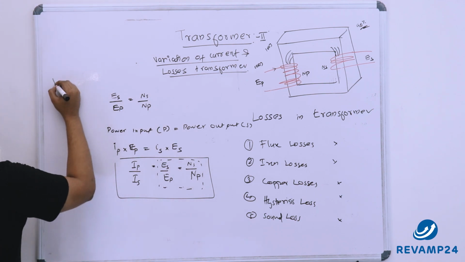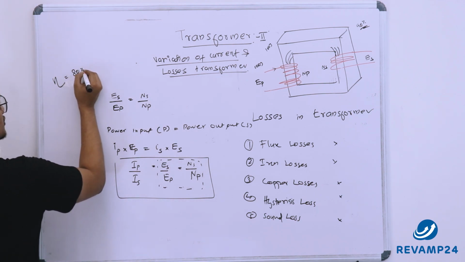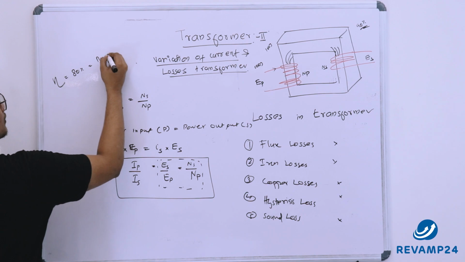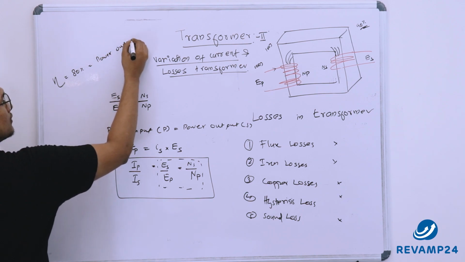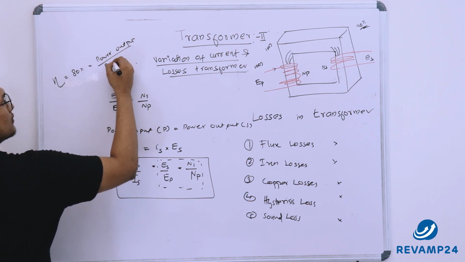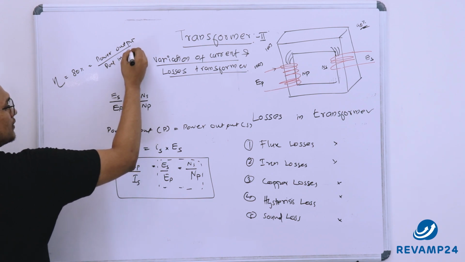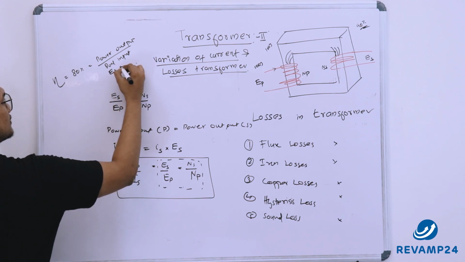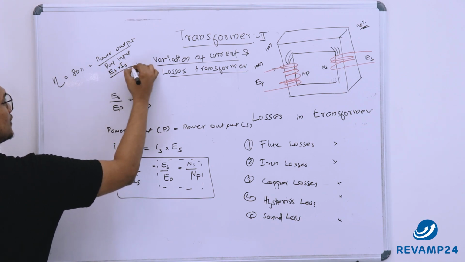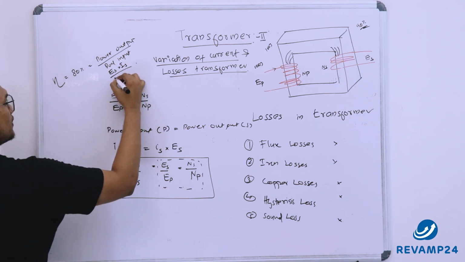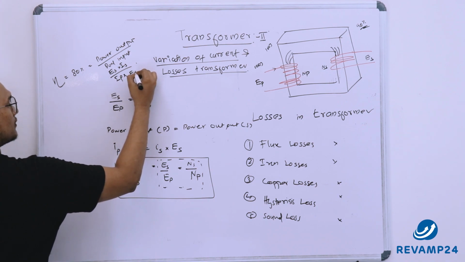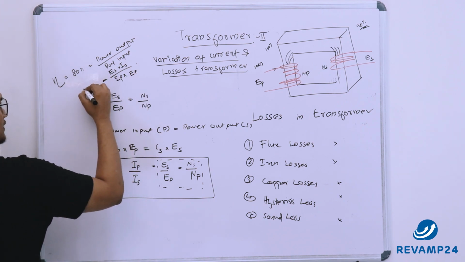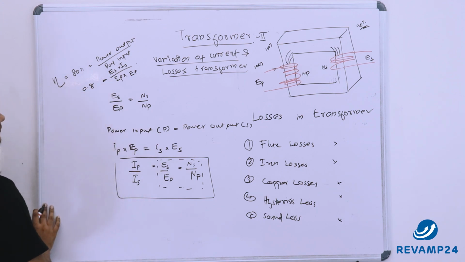Now if efficiency is given, say efficiency is 80%, it means power output divided by power input. Now what is power output? This is power output, ES into IS. Now what is power input? IP into EP. Now this is 80%. 80% means 0.8.